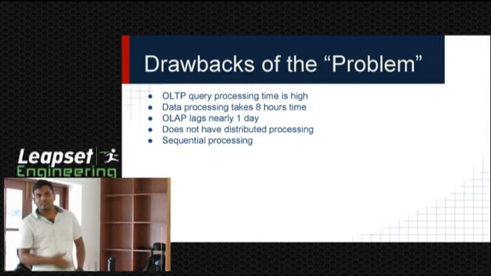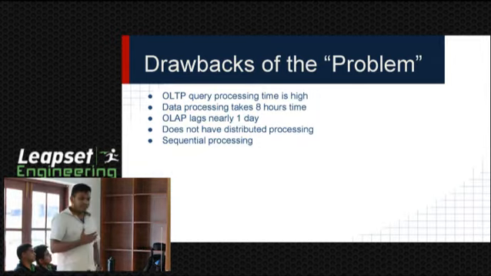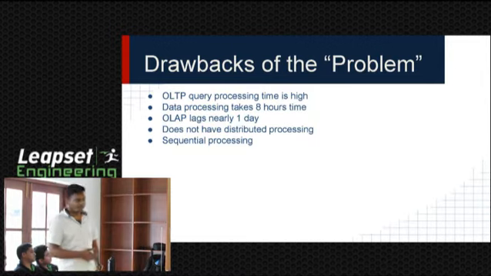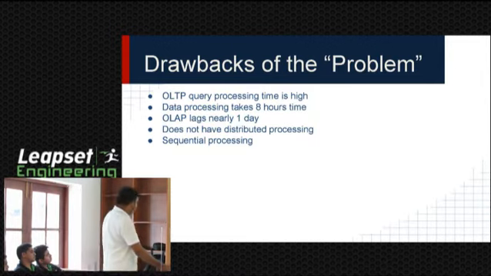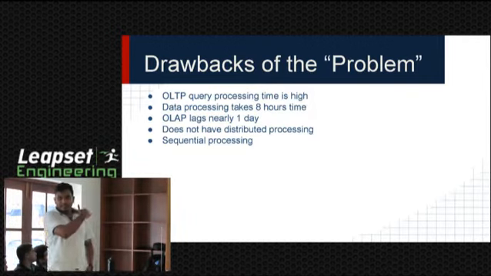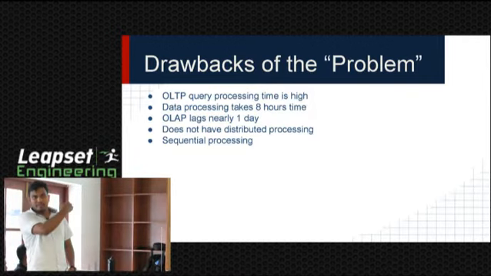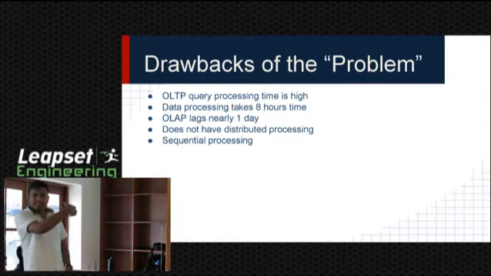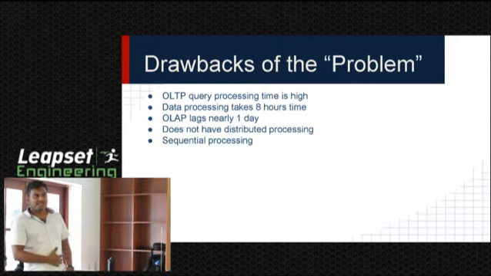So that's pretty considerable. Hence we came up with one solution to reduce this time. These are the main drawbacks of this problem. The OLTP queries are slow when we are extracting the data, and the processing takes nearly 8 hours.